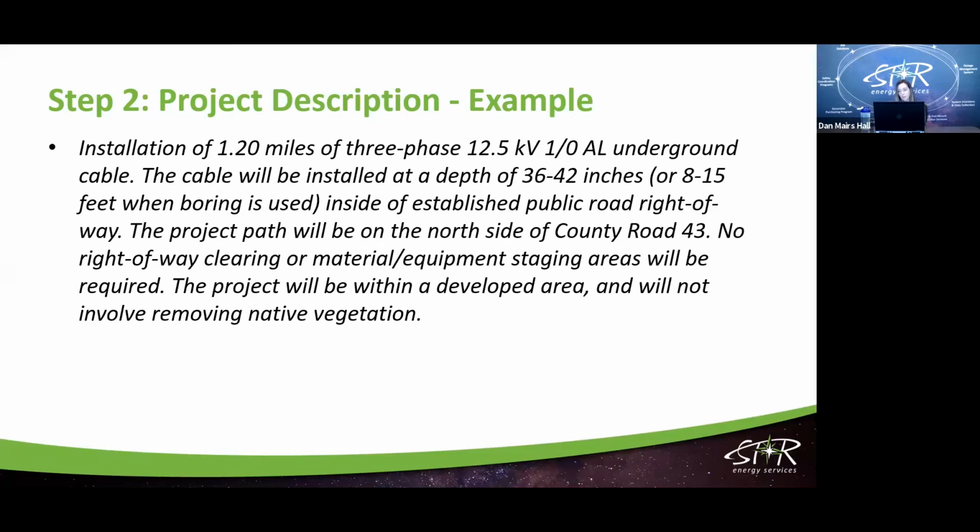Project path will be on the north side of County Road 43. No right-of-way clearing or material/equipment staging areas will be required. The project will be within a developed area and will not involve removing native vegetation. As you can see, that project description includes a lot of the key pieces that were mentioned on the last slide.